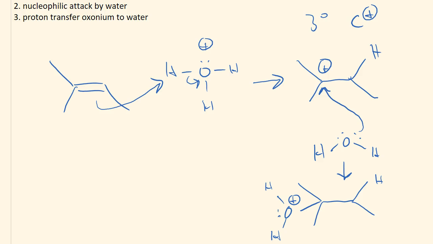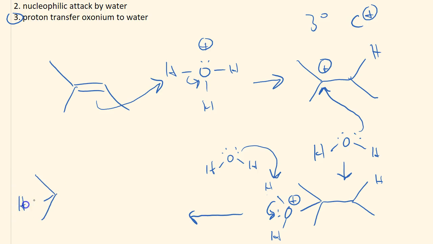And then our third step, if we have another water molecule, it can act as a base. So that's the final proton transfer step to give us our neutral alcohol.